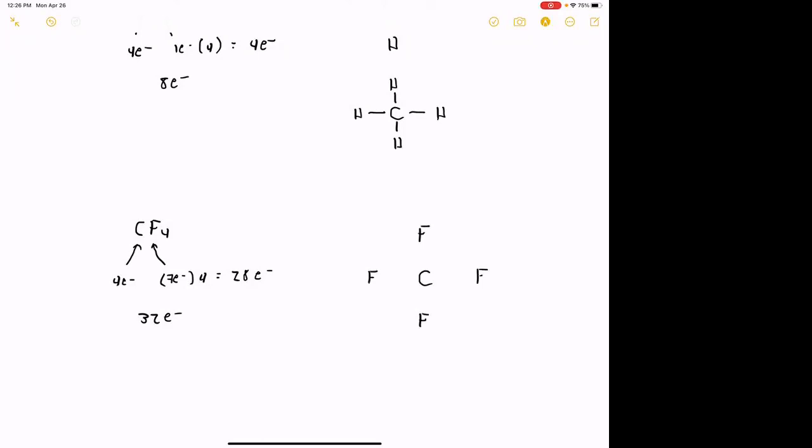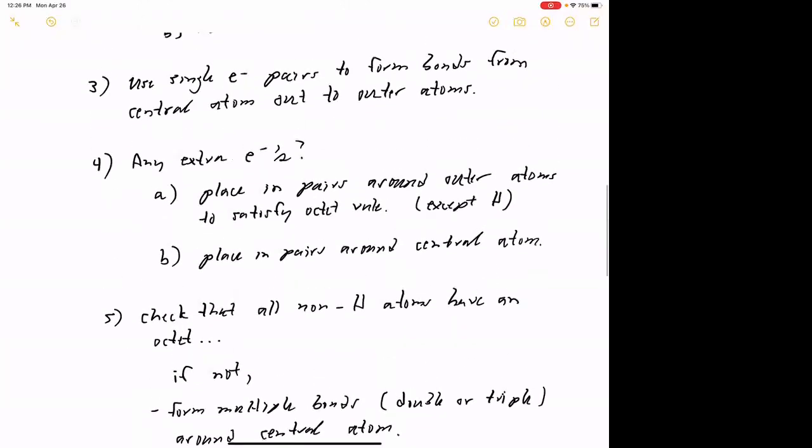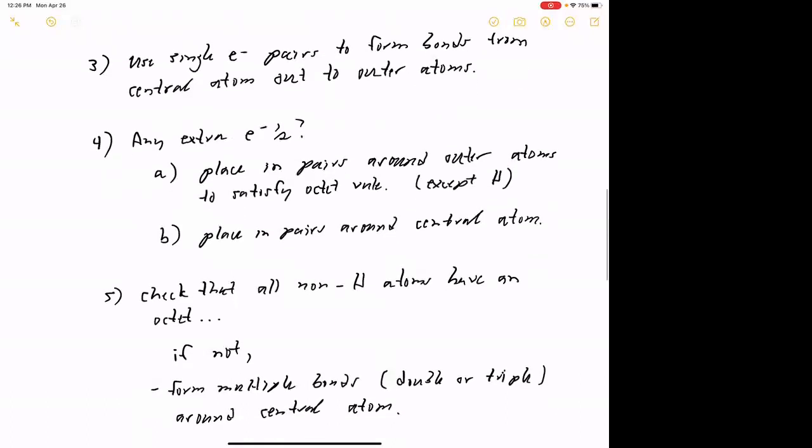Let's make our bonds. I'm going to go ahead and use my dashes just because it's faster. 1, 2, 3, 4, 5, 6, 7, 8. I've used 8 of my 32 electrons. But now, where do I go next? What does the rule say? Any extra electrons, that's rule number 4. It says place them in pairs around the outer atoms to satisfy the octet rule, except for hydrogen.